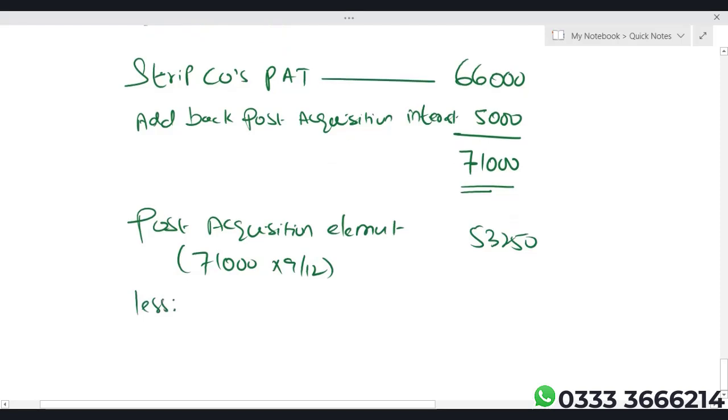Why we added back 5,000 first is so that we can get the complete profit of subsidiary. Then we time apportion 9/12, and from this we'll deduct the interest payable to parent.